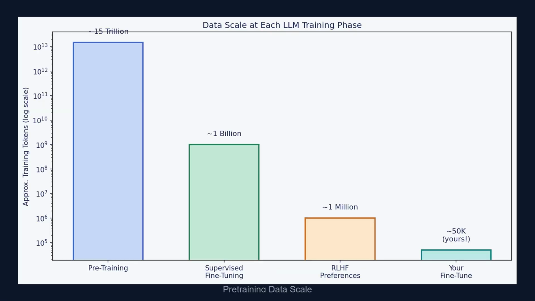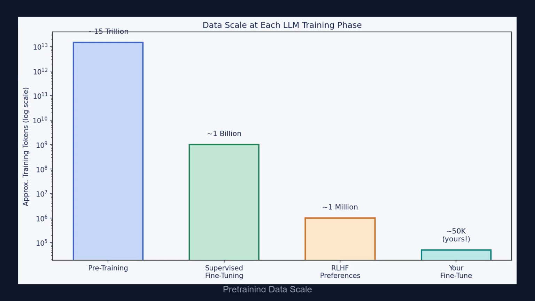This chart shows the data scale at each training phase, and the numbers are worth sitting with for a moment. Pre-training for a model like Llama consumed 15 trillion tokens. That's the entire foundation of language understanding and world knowledge. Supervised fine-tuning used around 1 billion tokens to teach instruction following behavior.